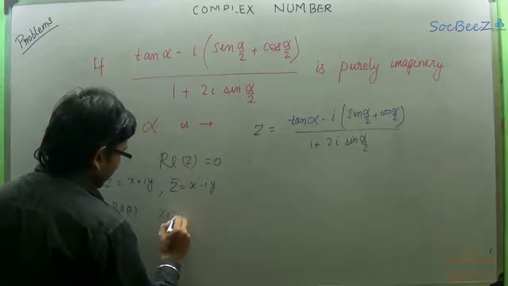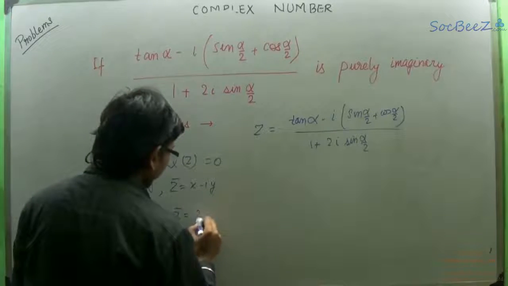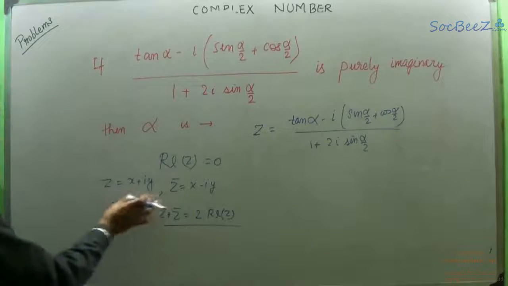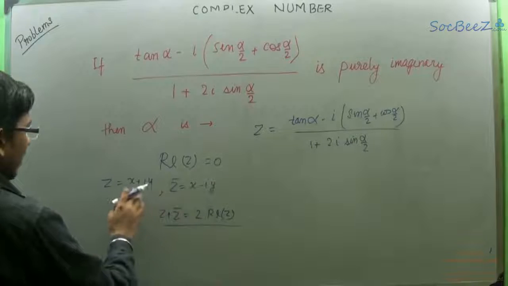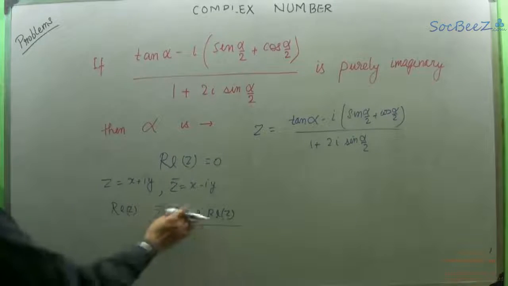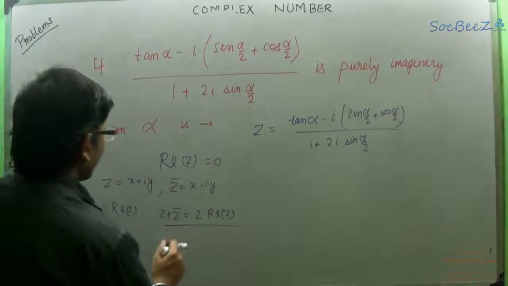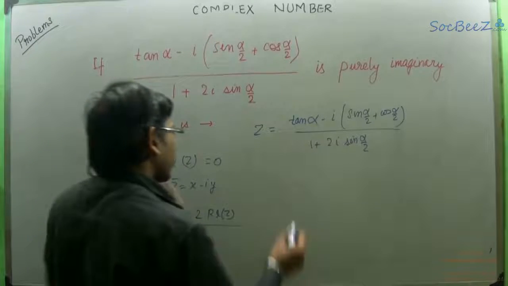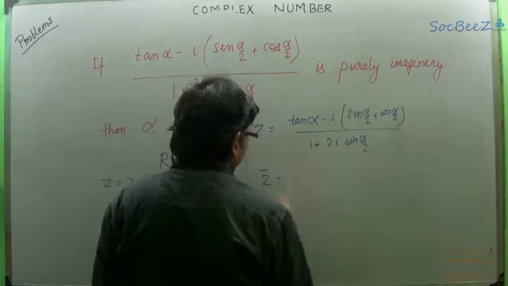So z plus z conjugate will be equal to 2 times real z, isn't it? Because the imaginary parts cancel and we are getting x plus x, 2x, which is 2 times real z. So real z can be written as z plus z conjugate upon 2. So we have to first find the conjugate of this value.